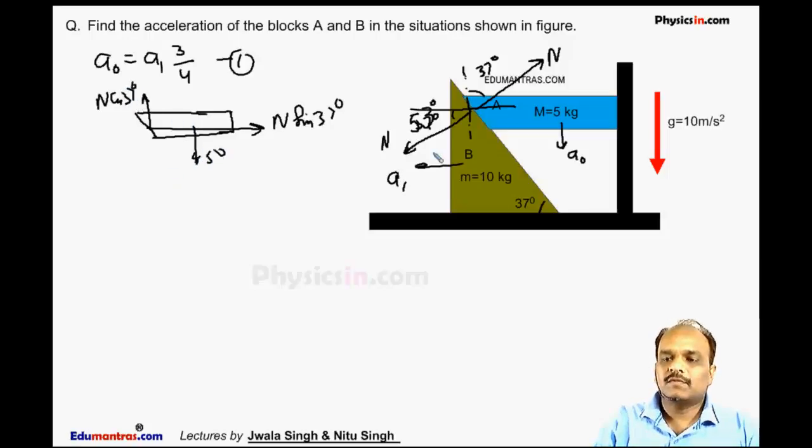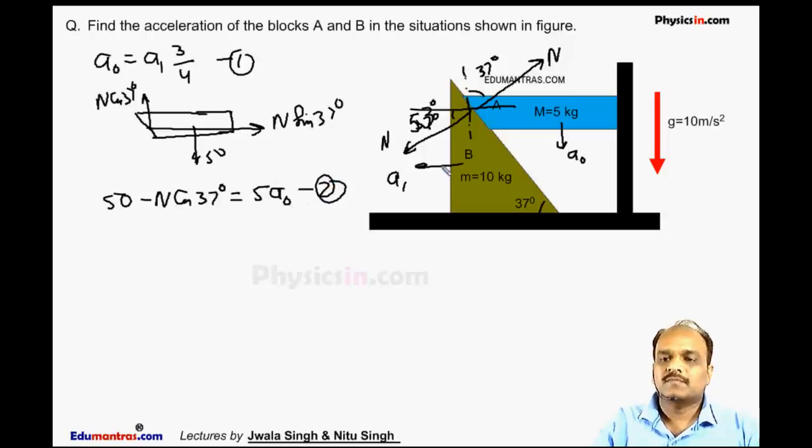Since this is going downward with an acceleration a naught, 50 minus n cos 37 degrees is equal to 5 into a naught. This is our second equation. In the same way, the horizontal force on this triangular wedge is also n sin 37 degrees, and this n sin 37 degrees is equal to 10 into a1. This is our third relation.